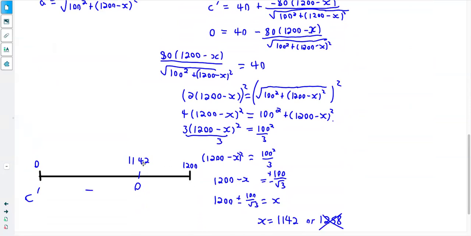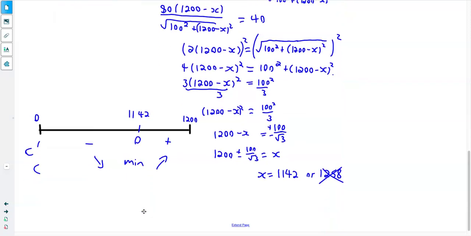And substituting a value between these two in, I get a positive, so we know we're going downwards here, up here. So we know that this is a minimum point. So we know we have a minimum when x is 1,142, but we still have to figure out the cost.